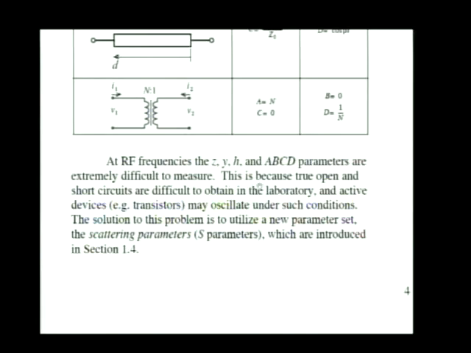Because all of these low-frequency parameter sets are defined in terms of open circuit and short circuit measurements. And at RF, as we'll find later, true open and short circuits are actually kind of difficult to obtain in the laboratory.